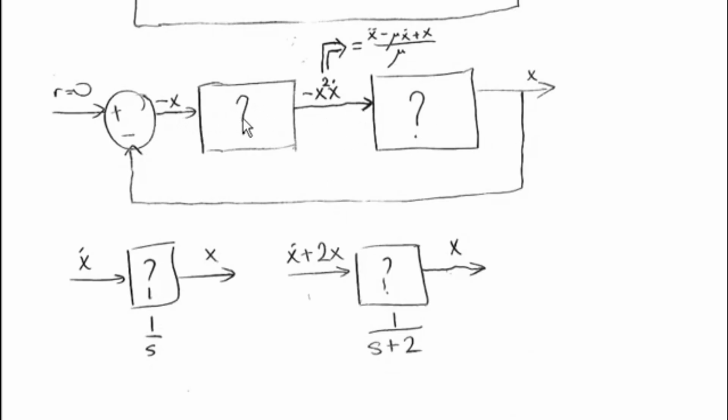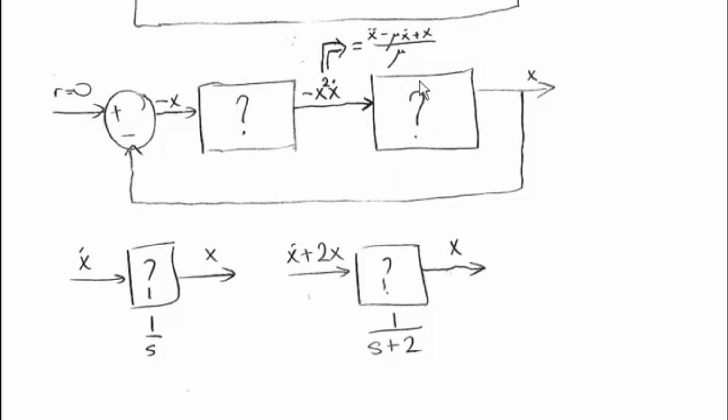So I need to put here a nonlinearity which converts the variable minus x into variables minus x squared x dot, and I need to put here a linear system which converts the variables x double dot minus mu x dot plus x over mu into the variable x here. So the nonlinear element part is easy here.